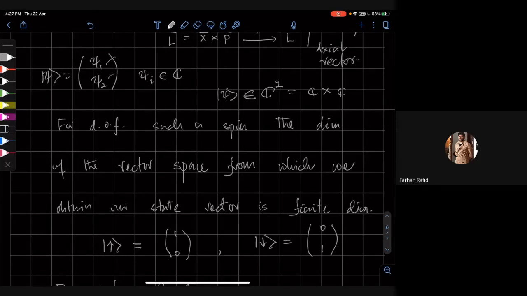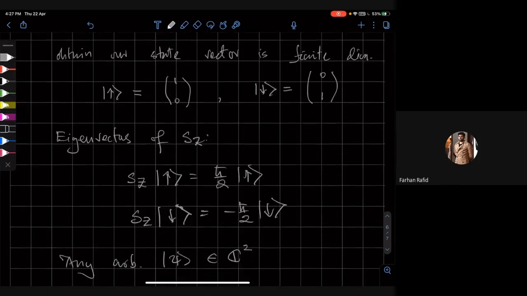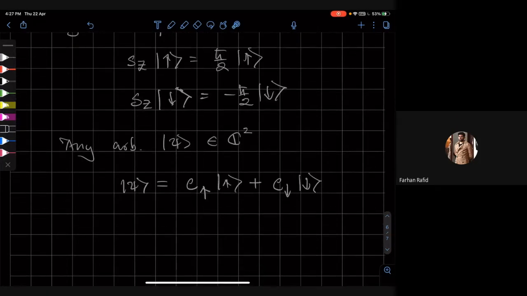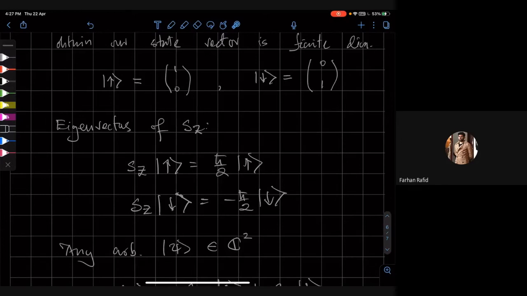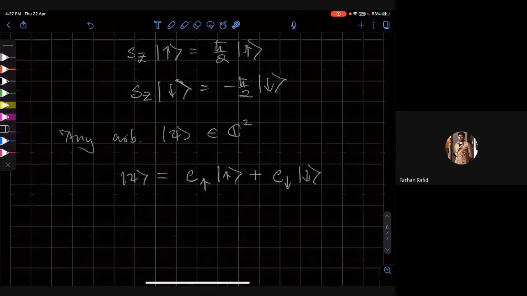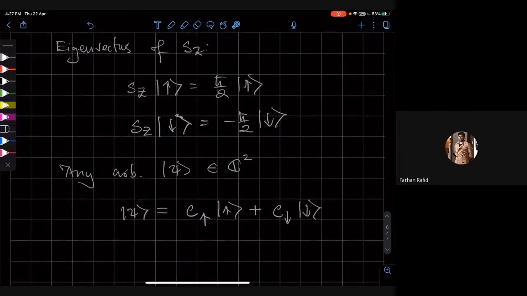My vector space is over the complex numbers, and because the linear combination coefficients here are complex numbers, we only need two vectors to express any vector in C2. Because we can choose these to be complex numbers, we are not restricting ourselves to real numbers.